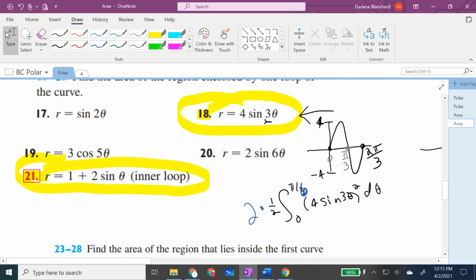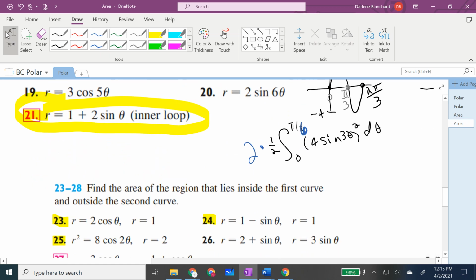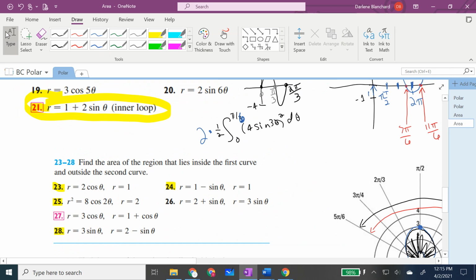Now, we are ready to graduate already to area inside two curves, and it could be inside one, outside the other, or it could be inside both. Those are the two things that could be asked of you. I'm going to make sure to hit 23 and 25 and just do both. So let me explain the directions.